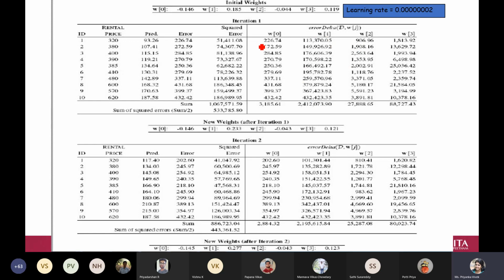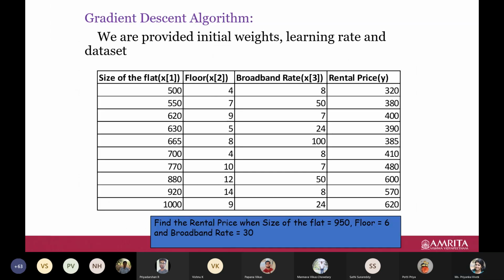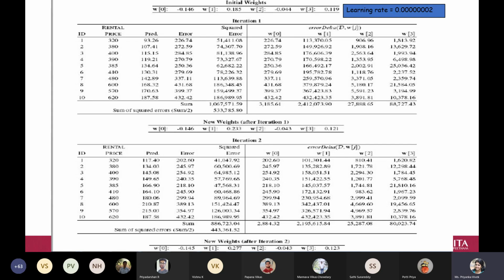Similarly, you get the second parameter: error into this next value, and so on for W1, W2, W3. Now you find the sum of each of these terms. This is our error delta. Now we have a formula.